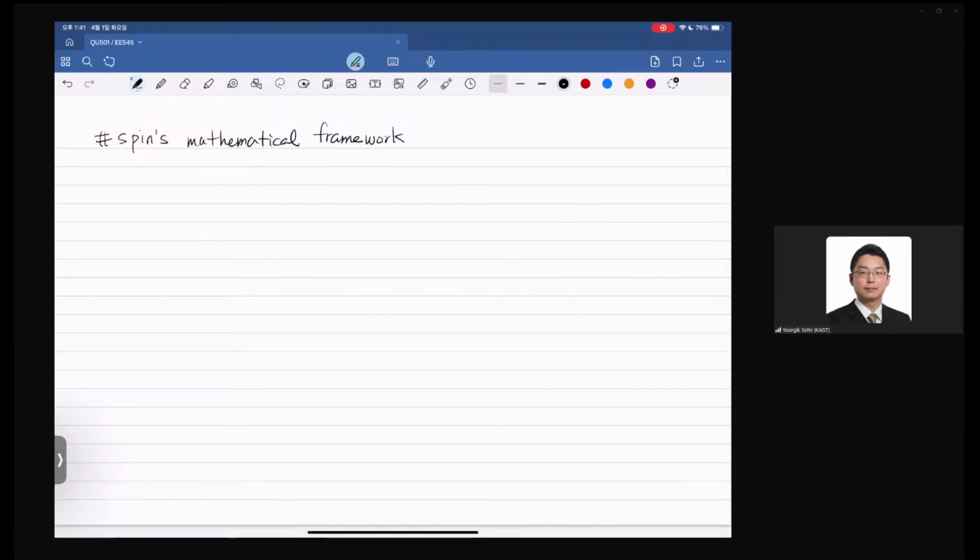Of course the electron has spin, but the electron itself also has an orbital degree of freedom, and it can have many others. We're going to ignore those for a while and only focus on spin. It makes things very simple.